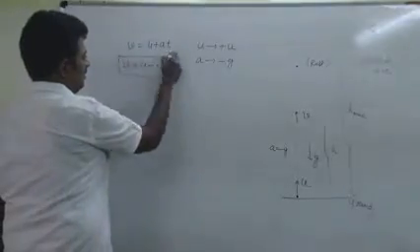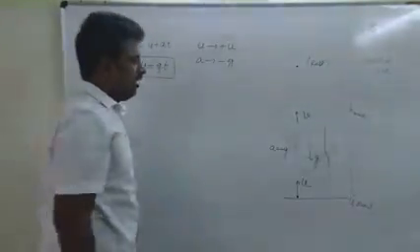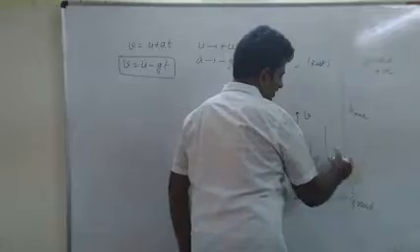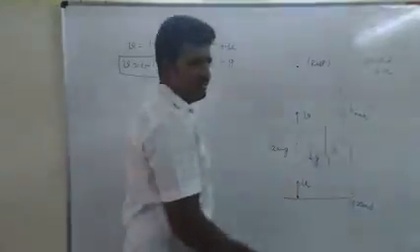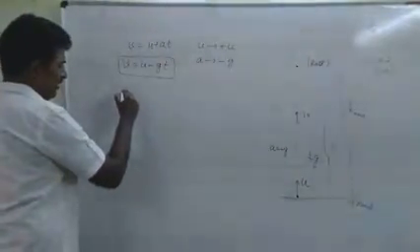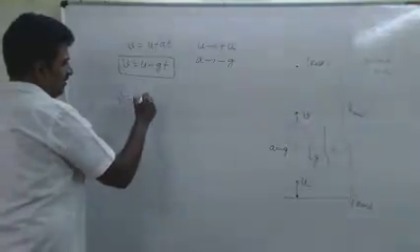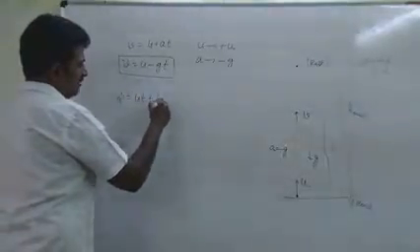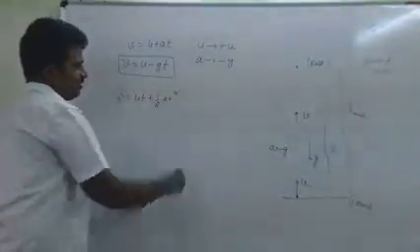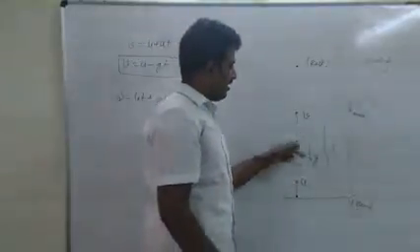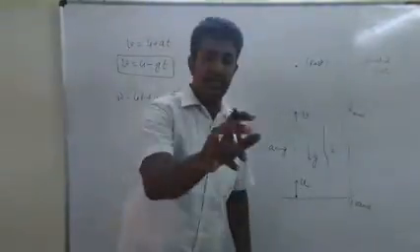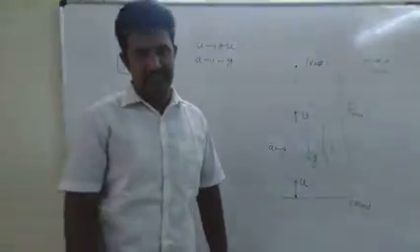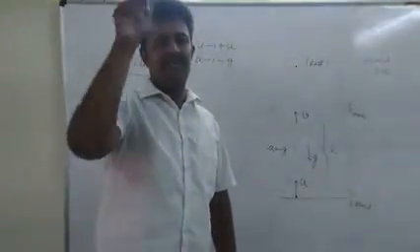And then the next question is how much height it has traveled after a time t. In order to find that, I will take the help of s equal to ut plus half at square. As it has traveled an upward displacement of h, upward I have to take as positive. Isn't it? Upward displacement will be positive.